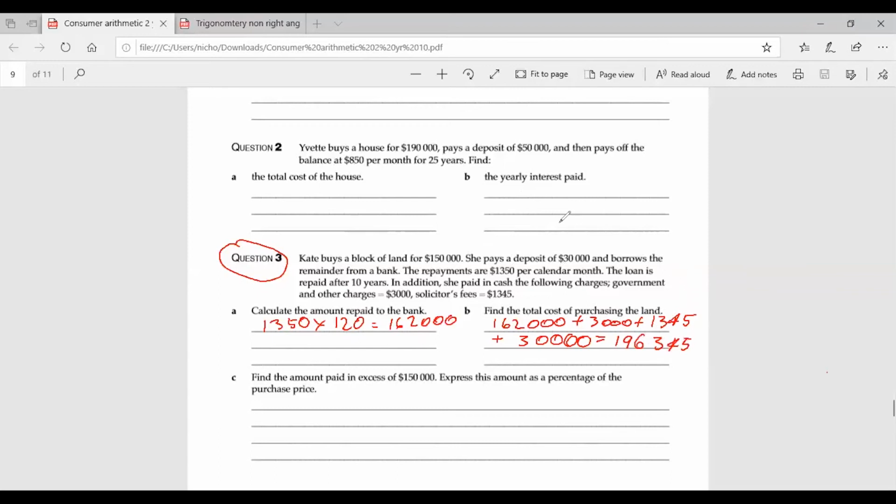All right. And what about this last question? Can I get you to have a read through that and try and do it? So find the amount paid in excess of $150,000. Express this amount as a percentage of the purchase price.